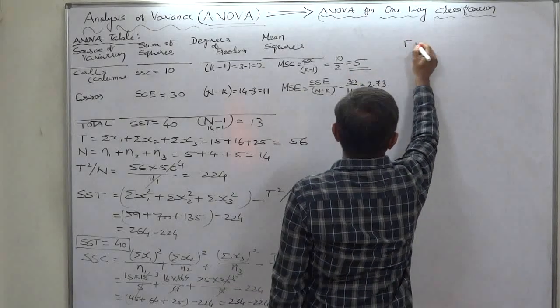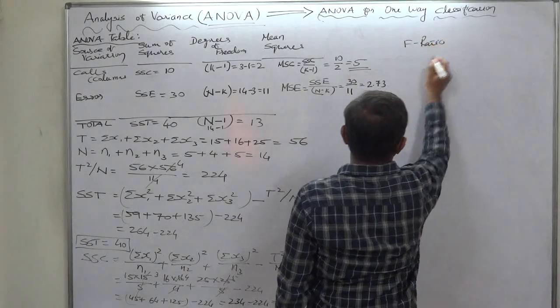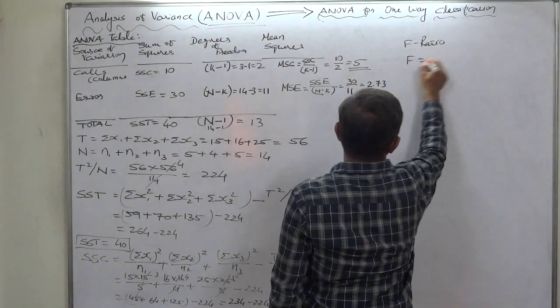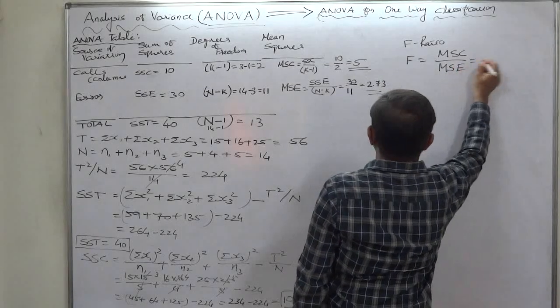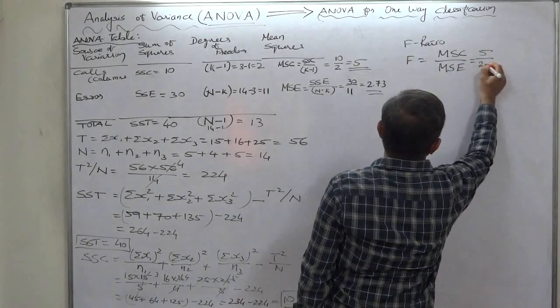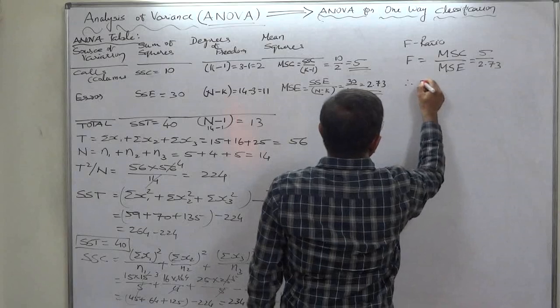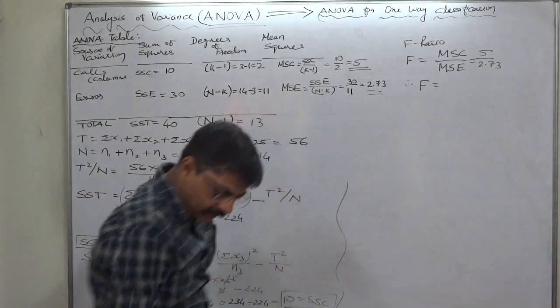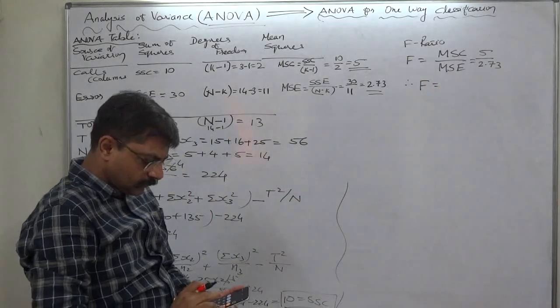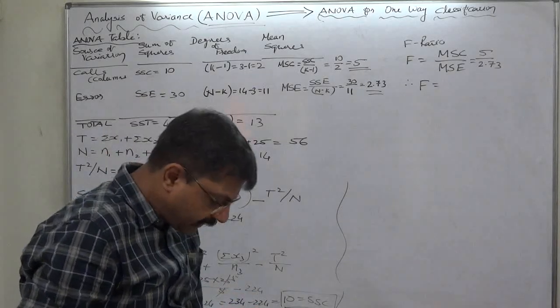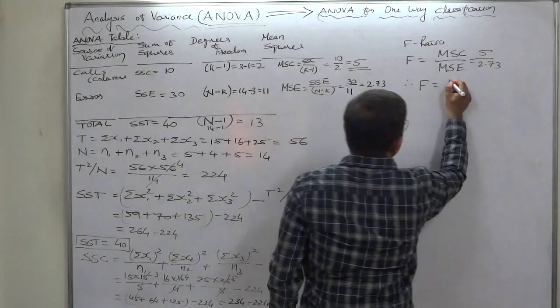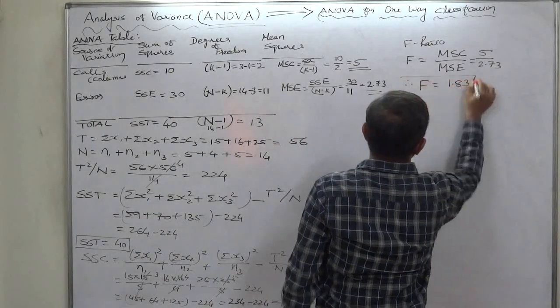So now we can calculate the F ratio. Calculated value of F will be F equals MSC divided by MSE. That is 5 divided by 2.73, and that comes to 1.83.